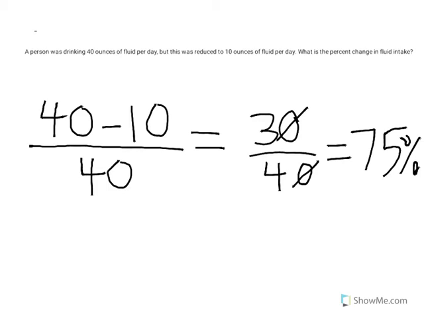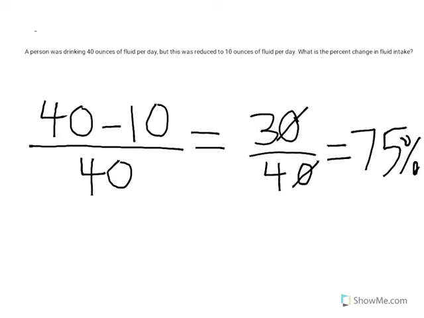And we're going to take that change and divide it by what the original was. So the original was 40. So 40 minus 10 is 30. So we're looking at 30 over 40, or in lowest terms, we can cancel out those zeros and have 3/4.